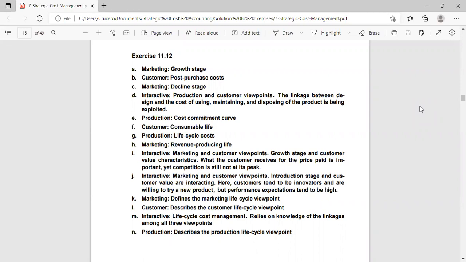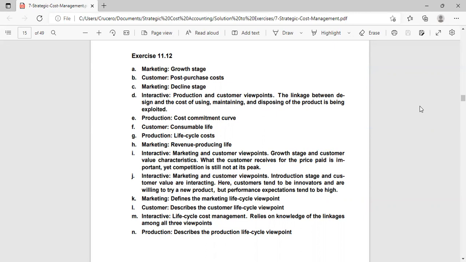So under interactive with production and customer viewpoints. Now for letter E, 90% or more of the costs are committed during the development stage. So it's production, it's the cost commitment curve.